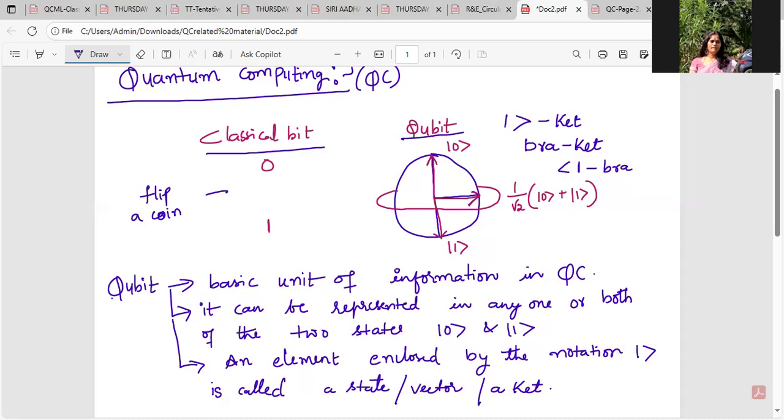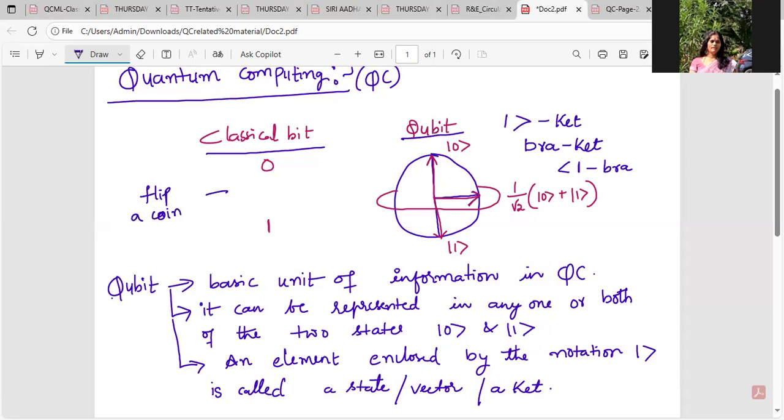But what exactly we do while flipping a coin is we wait to see how the coin lands, and once the coin lands on our palm or on the table, depending on whether we get a head or a tail, what our expectation is. If our expectation is head and we get a tail, then the output would be considered 0 because I have not got a head, instead I got a tail. Similarly, if I am expecting a head and I got a head, then the outcome is 1.